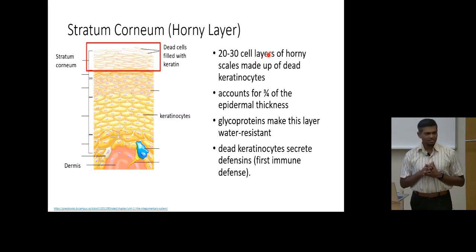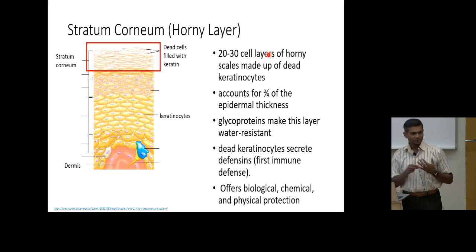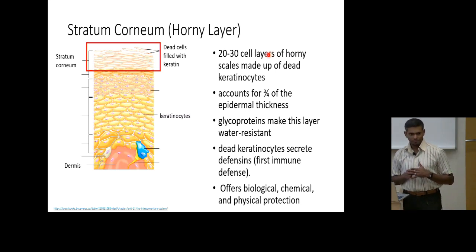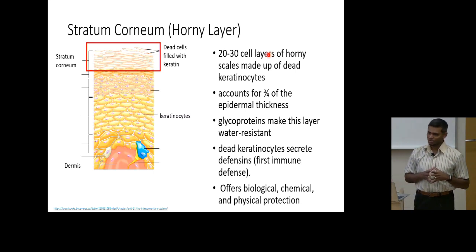So we see that the stratum corneum has a protective function which is not only physical because of the multiple layers, but also chemical because it doesn't allow water to escape easily thanks to the glycoprotein layer, and it also offers biological protection through the immune response it can generate. Is that clear?